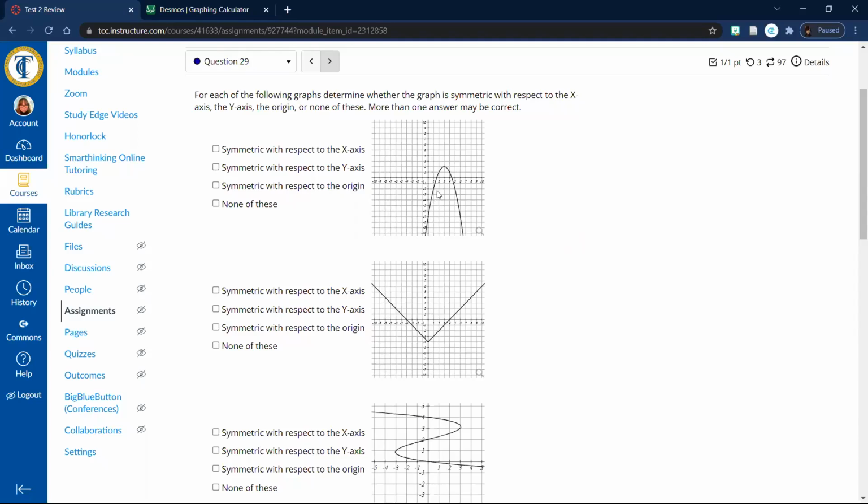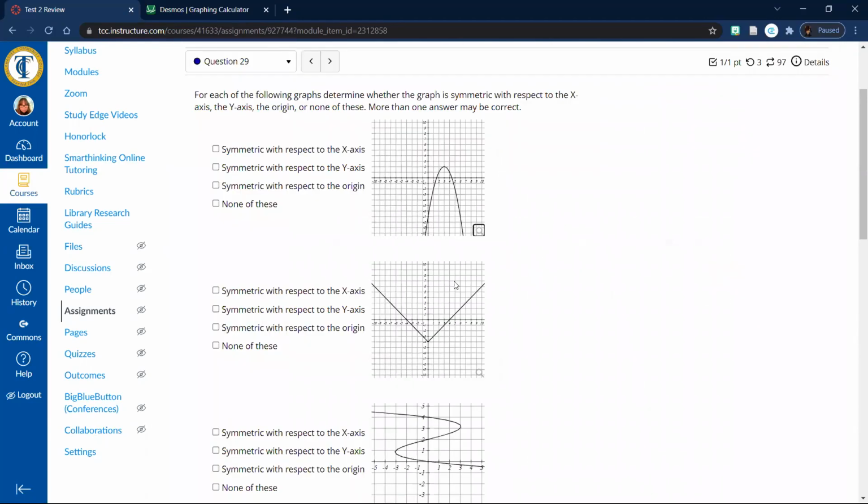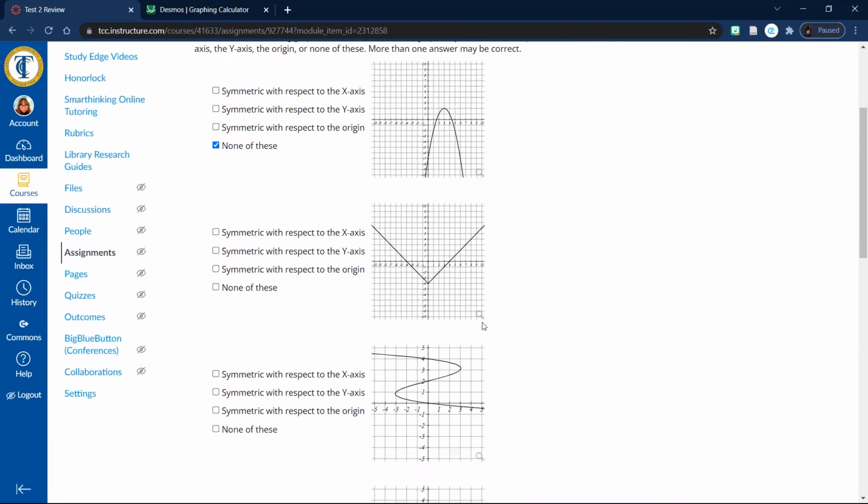So if we look at this very first one right here, is this symmetric with respect to the x-axis? No. How about the y? No. How about the origin? No, this one is not symmetric at all. Right, because it's out to the side. Okay. How about this one?